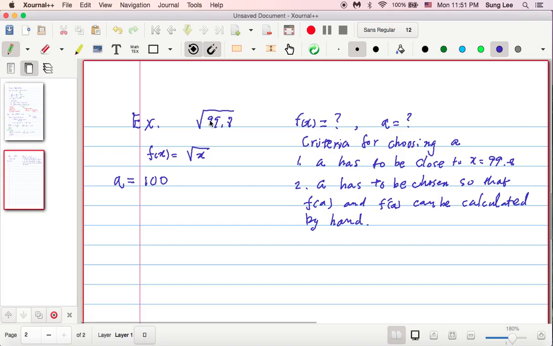So we can easily calculate f of a and f prime of x. f prime of x is 1 over 2 times square root of x.